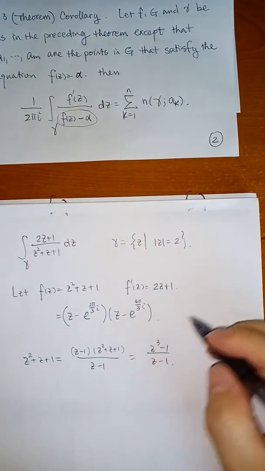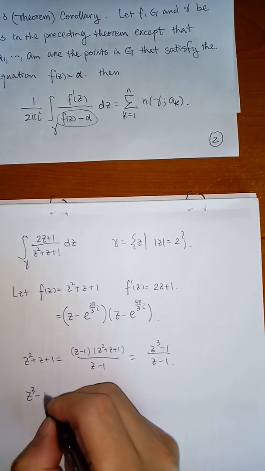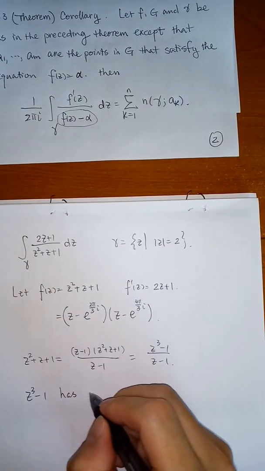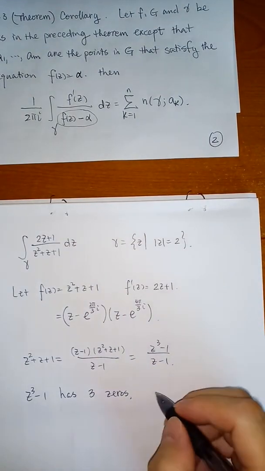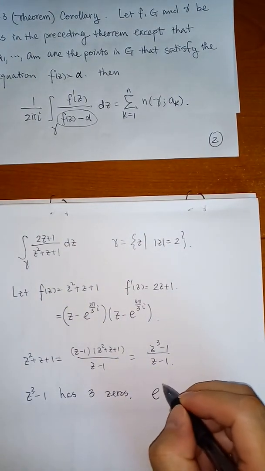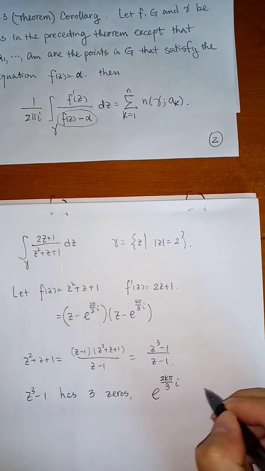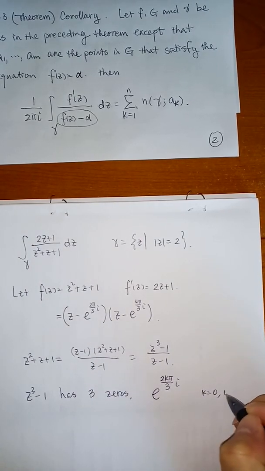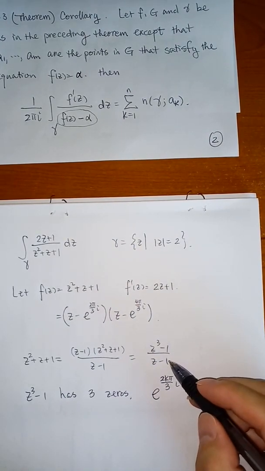And z cubed minus 1 has 3 zeros. What are the 3 zeros? e to the 2k pi I over 3, where k is 0, 1, and 2. When k is 0, it's 1.